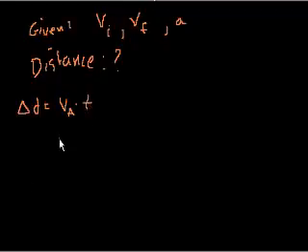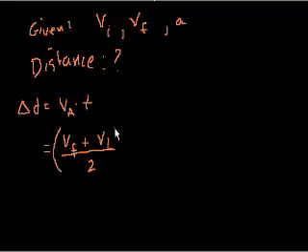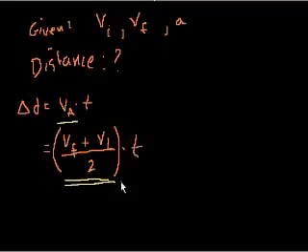Well, we know that the average velocity is the final velocity plus the initial velocity divided by 2. So that's the average velocity, and then that times time.